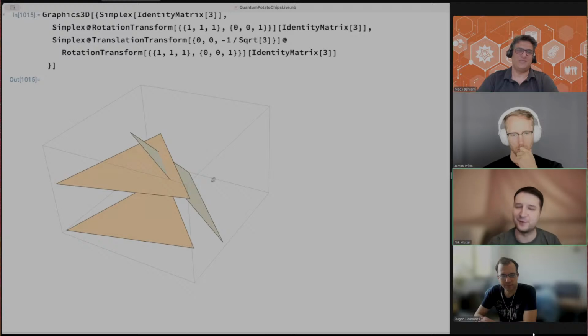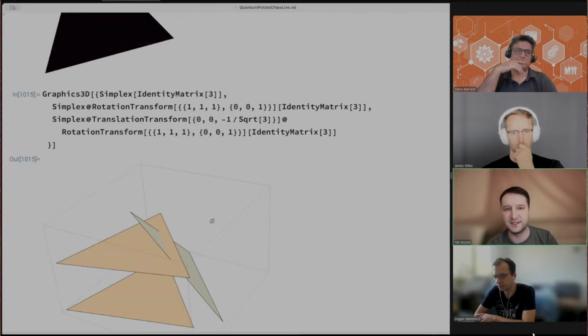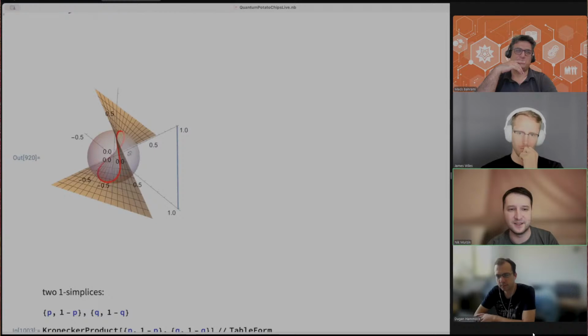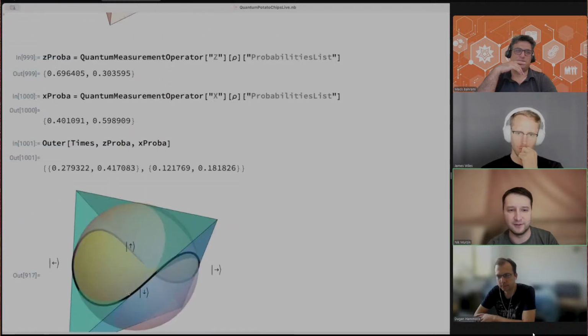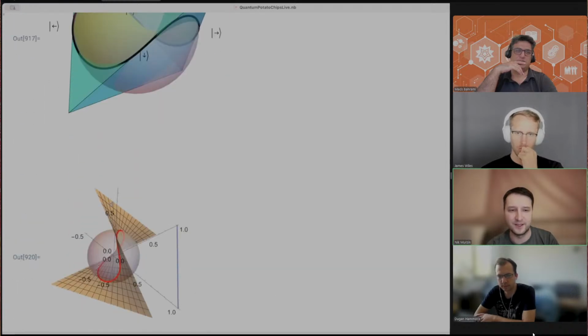Yeah. And I'll do it in one dimension higher. So that's how we essentially make a qubit simplex, or probability space for a qubit. So now you have a tetrahedron embedded in 4 dimensions, you rotate it, and then just throw away or project it to a 3-dimensional space. That's how you get this tetrahedron or this tetrahedron. This is actually a bit different.